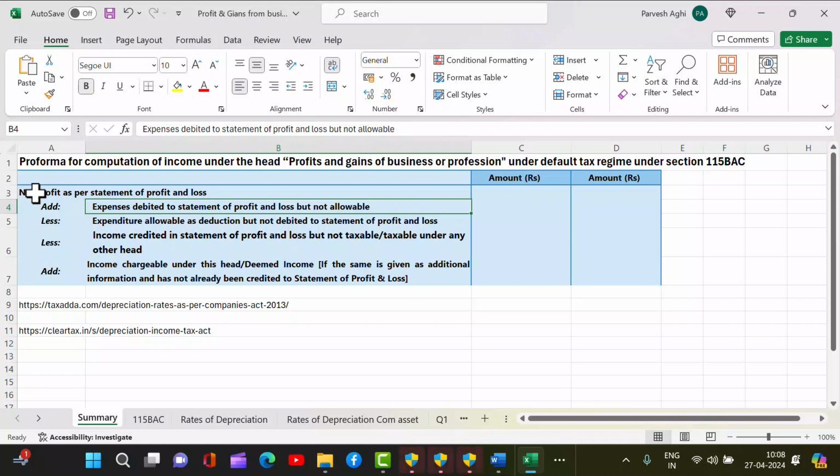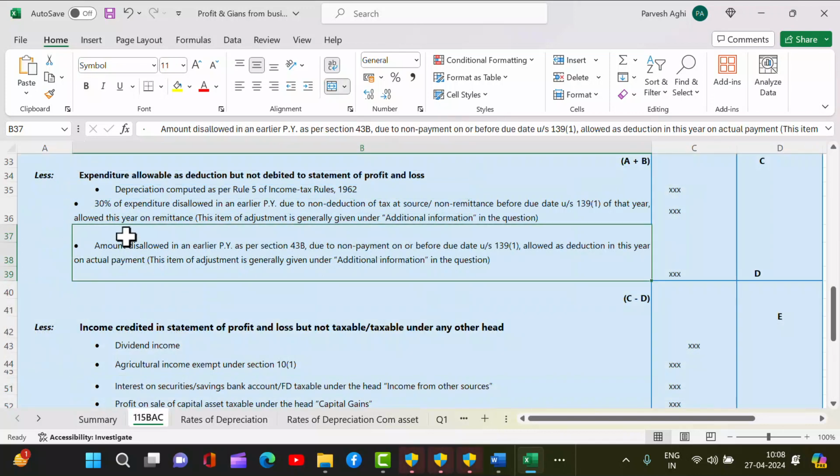For example, you may have debited some personal expenses. Suppose you traveled to Bombay on a personal visit and showed it as an expense, reducing your profit. That is not allowed, so you need to add that expense back. This is one very simple case. To understand what those expenses are, let's start.